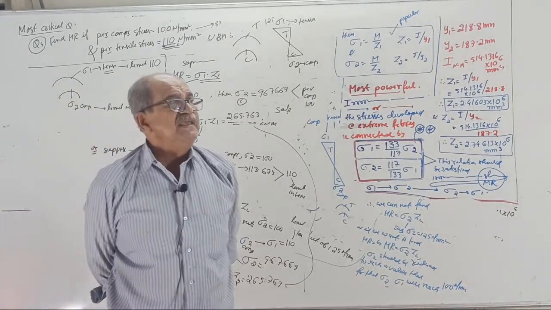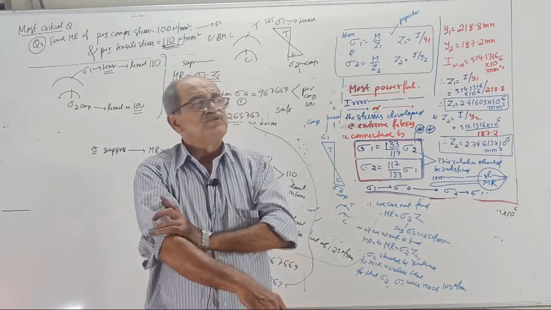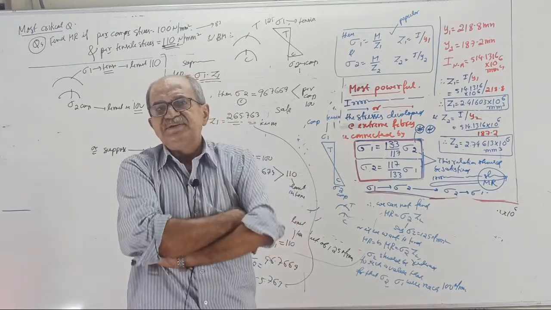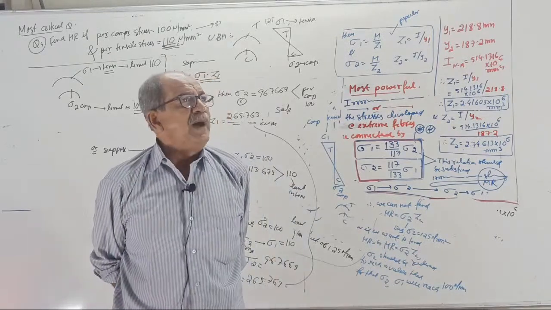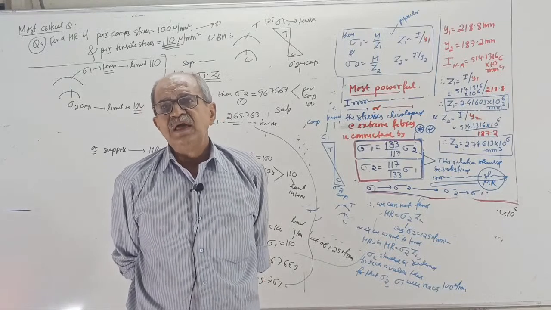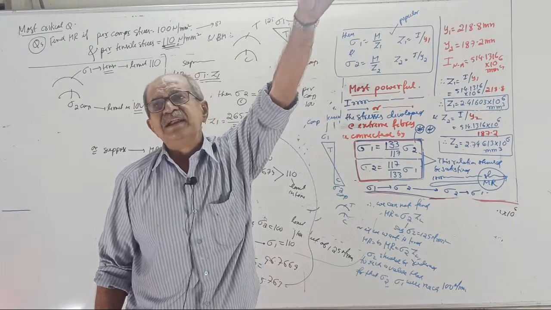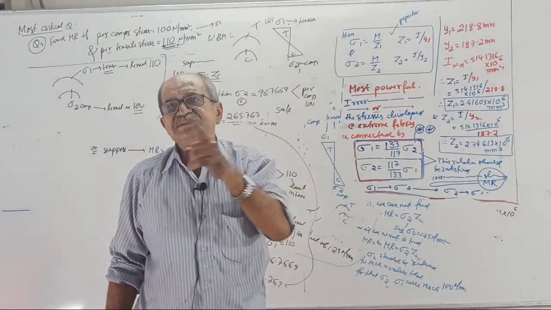Now, in RCC, there is a section called an under-reinforced section and an over-reinforced section. An under-reinforced section is one where the tension steel provided is less than that required for a balanced section. So, in an under-reinforced section, stress will rapidly increase on the tension side. On the compression side, stress will be much lesser. So there, critical is tension.